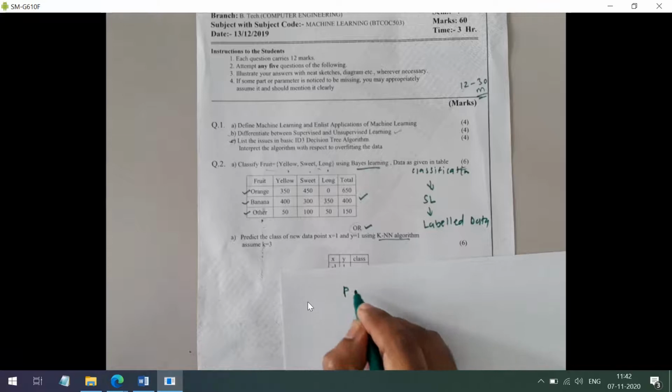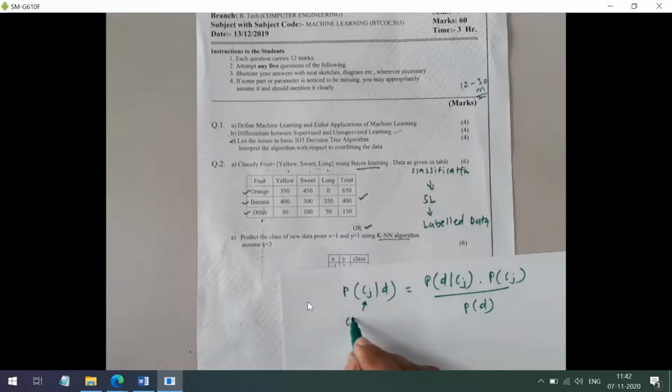It is P of Cj given D equals P of D given Cj into P of Cj divided by P of D. Here this Cj is our class. It is also known as hypothesis.